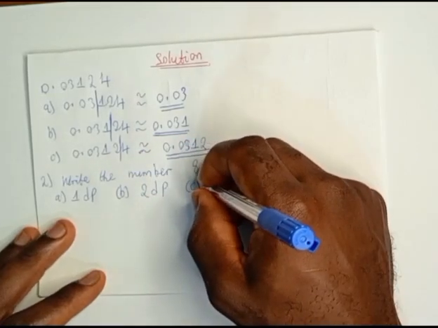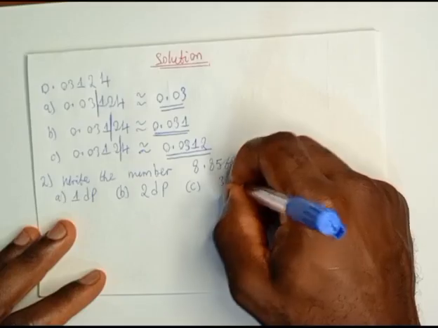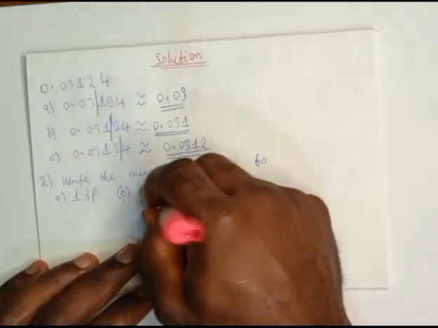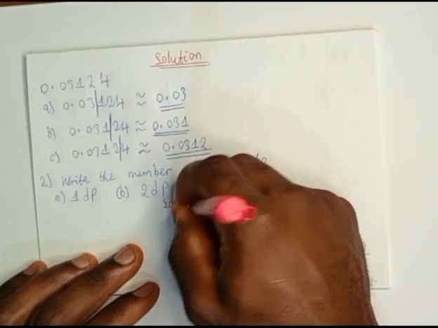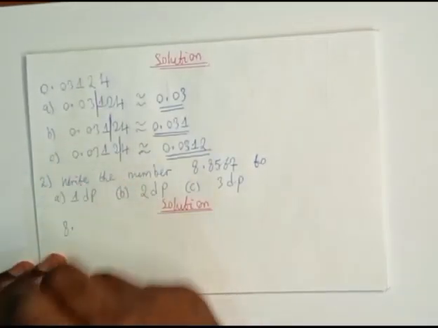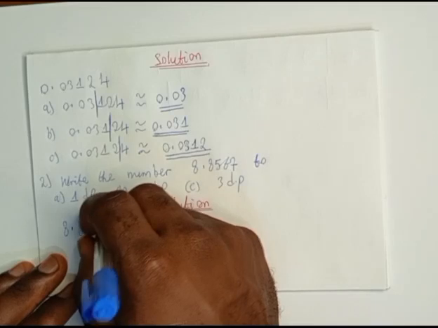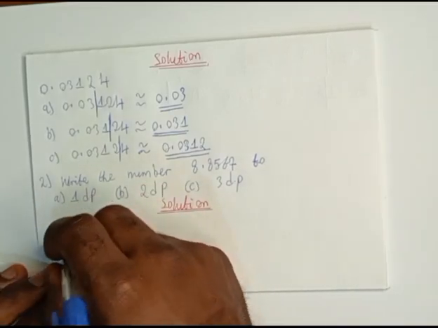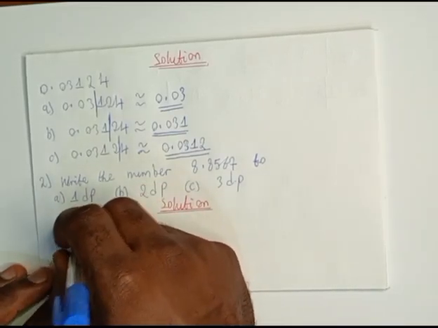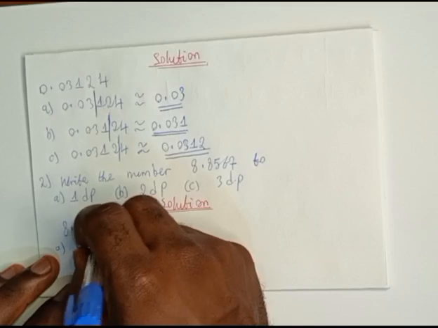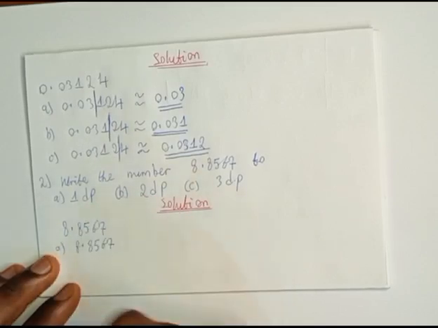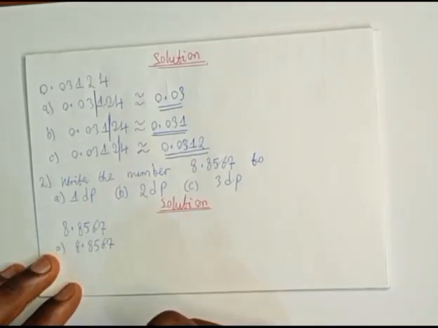Question C, 3 decimal places. We have the number 8.8567. Take question A, we have to express it to 1 decimal place. 8.8567 to 1 decimal place.